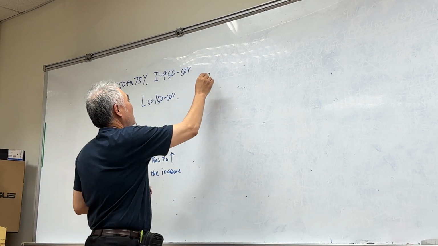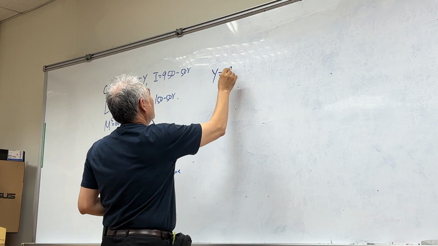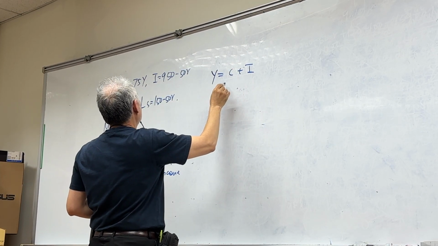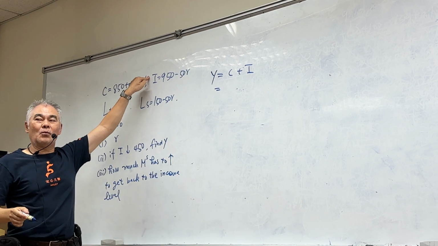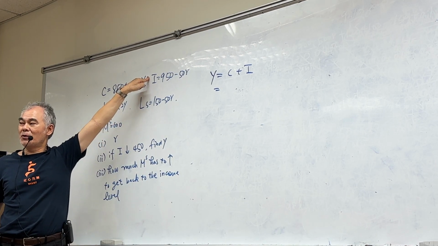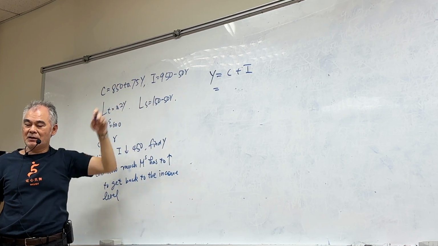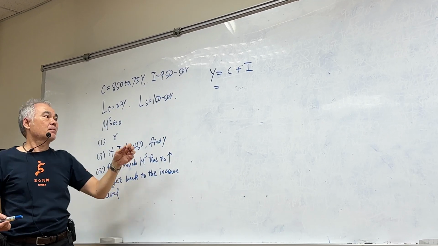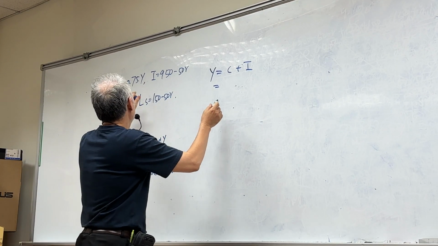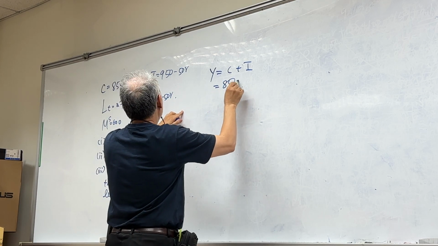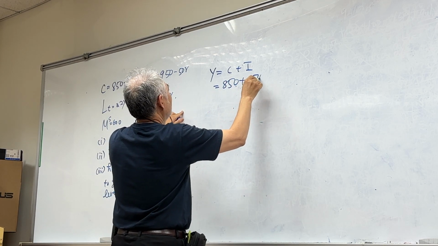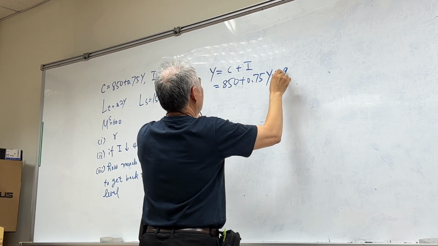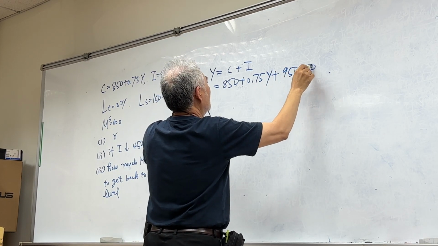So Y is equal to C plus I. And there's no YD. You have disposable income, but because there's no tax and no government expenditure, you have Y equal to 50 plus 0.75Y plus 950 minus 50R.